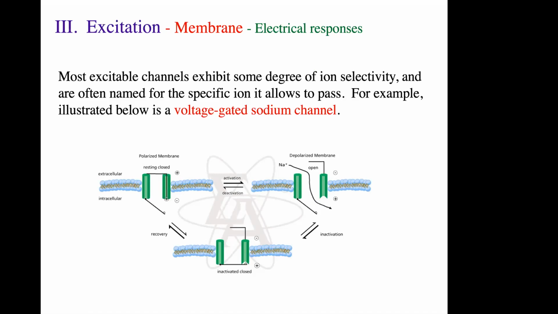And I thought we'd take a little bit of time to talk about how these channels work, because understanding how they work is really important to understanding the dynamics of an action potential. The voltage-gated sodium channel is interesting because it actually contains two separate gates.